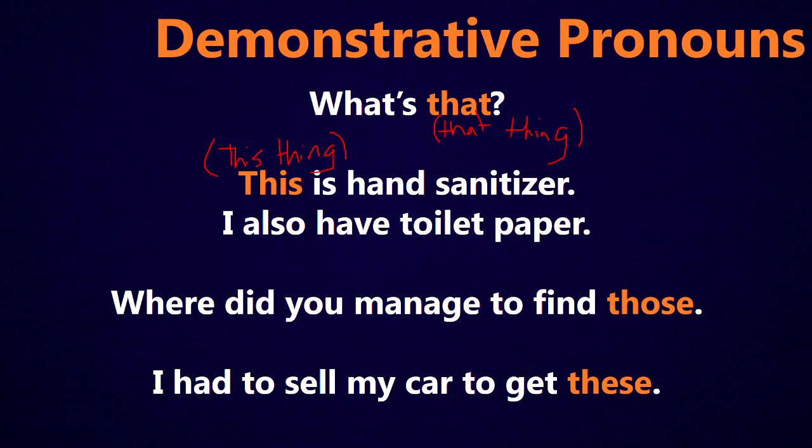Where did you manage to find those? So here, those is replacing those items or those things. And if we look up here, what are they talking about? They're talking about the hand sanitizer and the toilet paper. So it's more than one thing, it's plural.